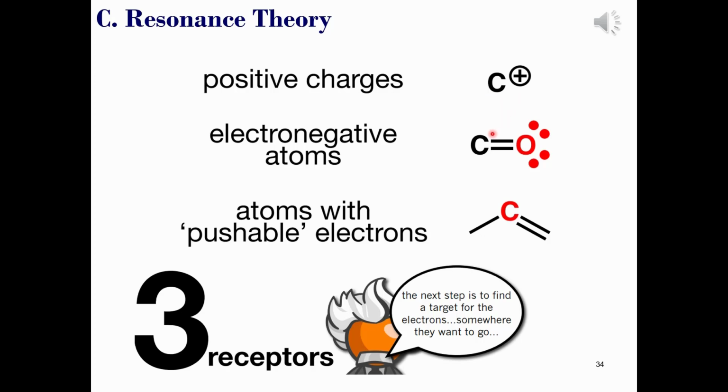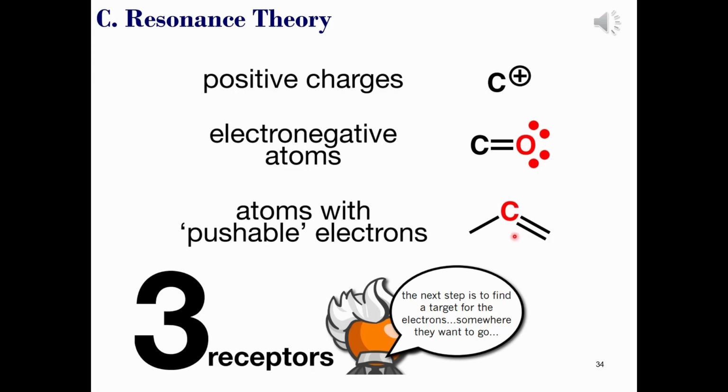The second site is an electronegative atom. Electrons can move towards electronegative atoms typically when there is a pi bond adjacent. Lastly, you may be able to move a pair of electrons towards a bond of an adjacent atom if the atom after where you are moving the electrons to form a pi bond also has pushable electrons.